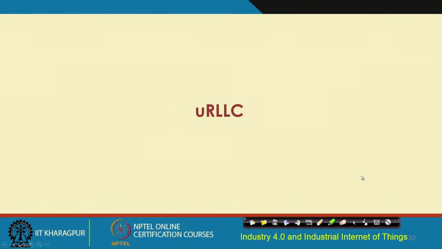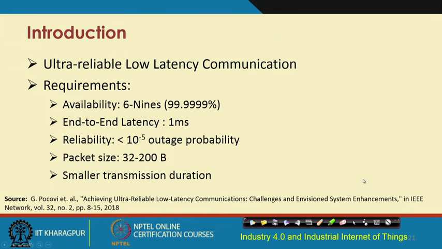Next comes this particular protocol URLLC, which is ultra reliable low latency communication. As you can understand, this is quite attractive for industrial scenarios. Here the requirements are to have availability in the order of 99.9999%, right.